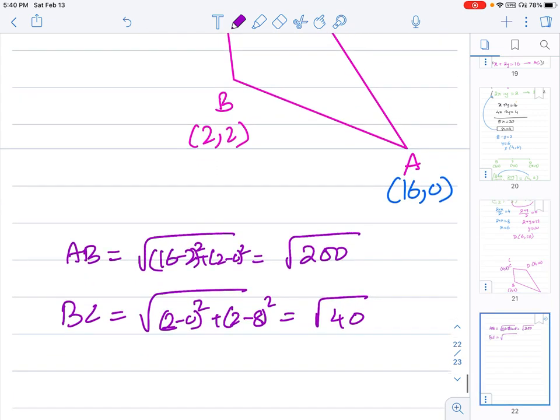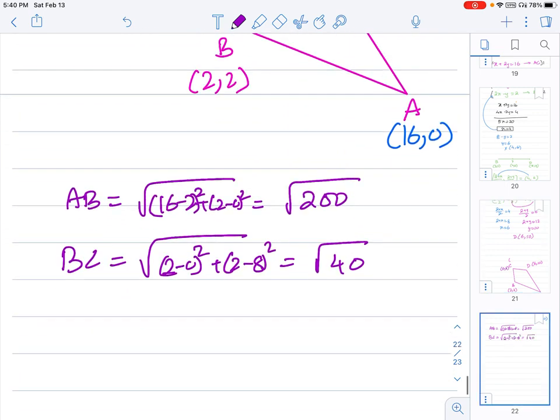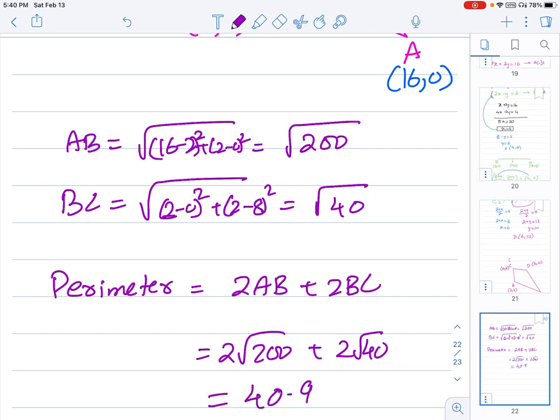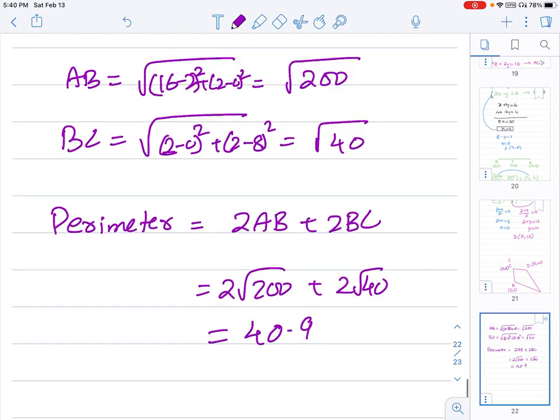Because it is symmetrical, CD and AD will be the same, so no need to find those distances. It will be twice AB plus twice BC, which is 2 square root of 200 plus 2 square root of 40. So finally, simplified, it becomes 40.9. That's going to be the answer for question number 11.